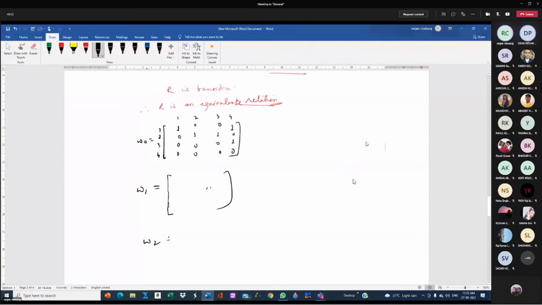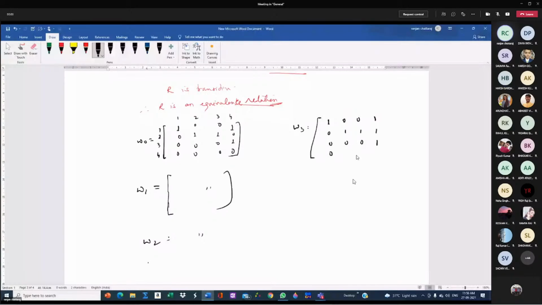2 4 will become 1, sir. No, row wise tell me. 1, next 0 0 1, next 0 1 1 1, next 0 0 0 1, next 0 0 0 0.